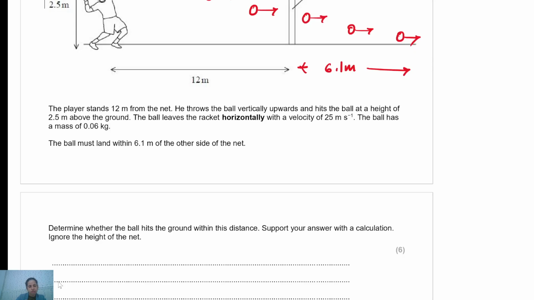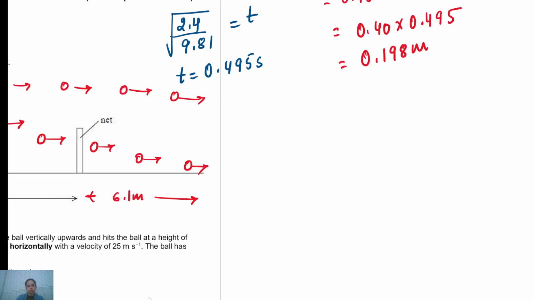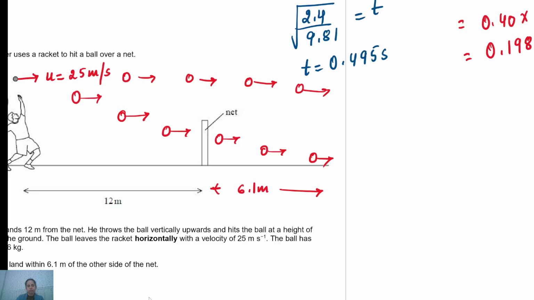So I'm going to just divide, and do it here. Wait, we want to see the question. So now y and x. My initial speed in x direction is 25. Because it has a speed only in x direction, what's the speed in the y direction? That's right, 0. What's the acceleration in y direction? 9.81.